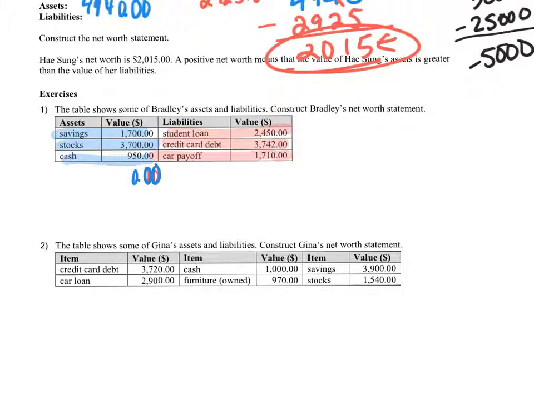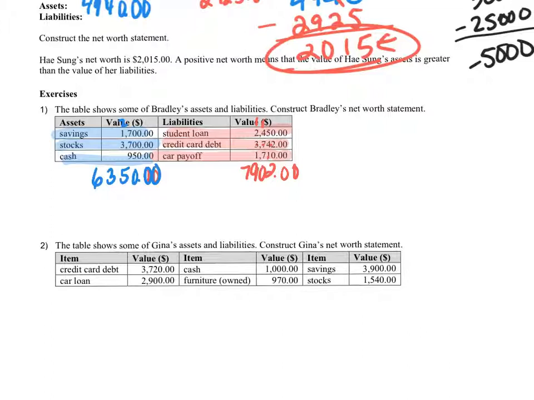And get us a total. 6350. And then we add up all the liabilities. And I got 7902.